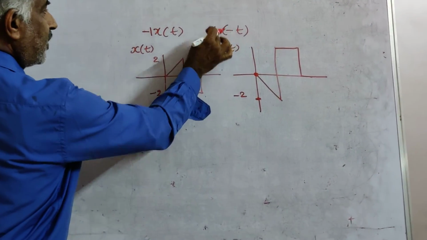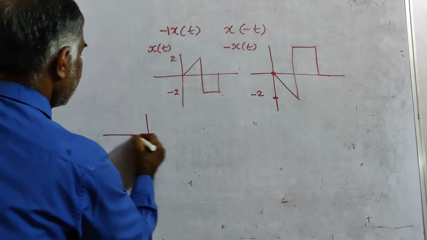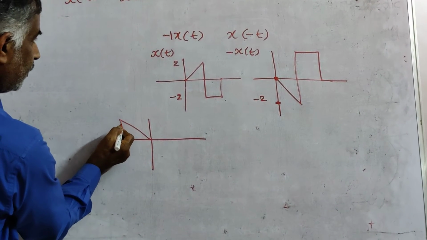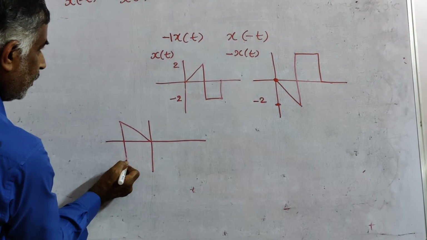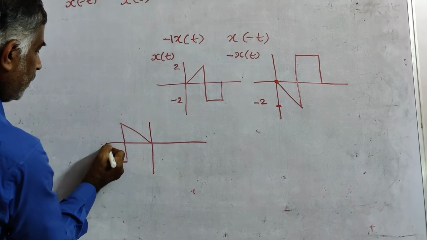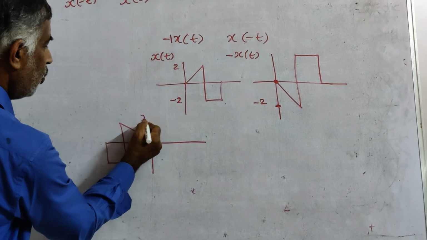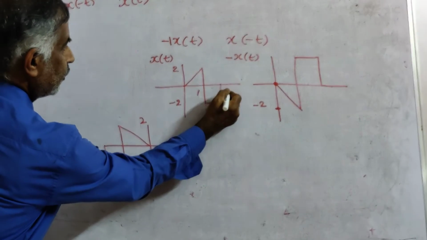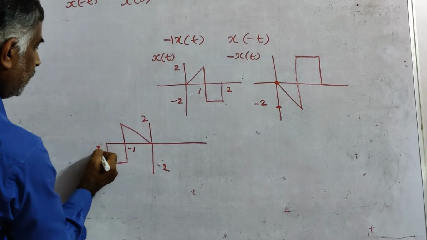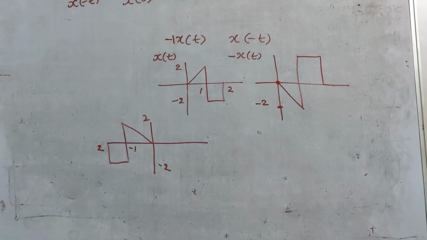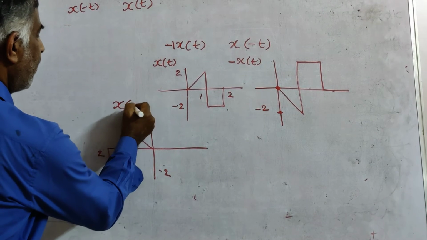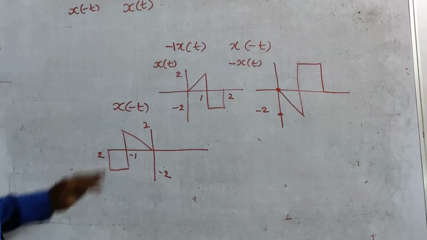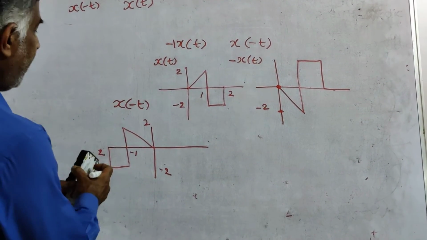If I sketch x of minus t, then it is like this. 2, minus 2. This is what is called x of minus t.